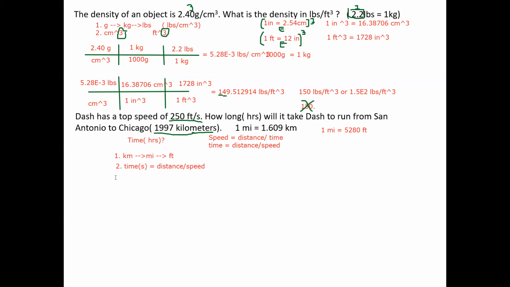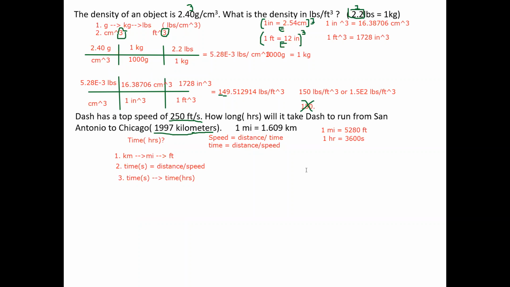And then once we know the time in seconds, we'll convert it to time in hours because it's looking for the time in hours. And so to go from seconds to hours, we've got to know the conversion. So how many seconds in an hour? 1 hour is 3,600 seconds. So these are the steps we're going to do to determine how many hours it'll take Dash to run from San Antonio to Chicago.